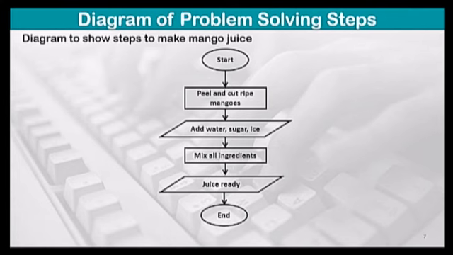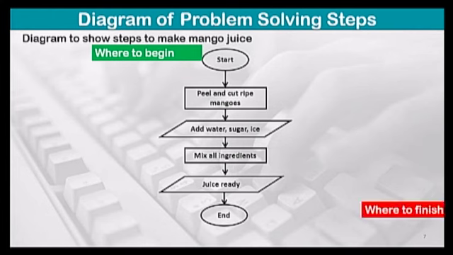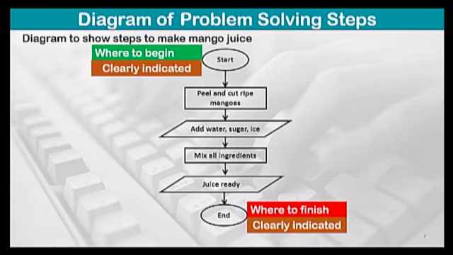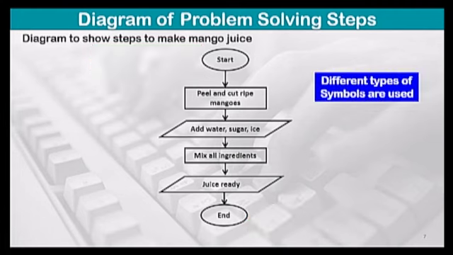What are your observations? Let me help you. First observation, where to begin and where to finish is clearly indicated. Second observation, different types of shapes or symbols are used.